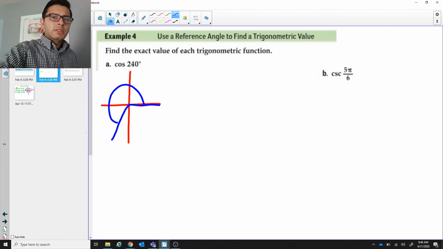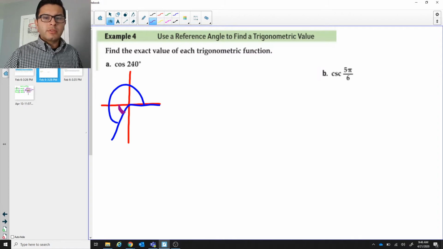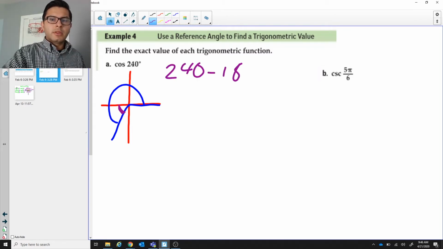Now this means that the reference angle is going to be right over here. So we'll take 240, which is the entire thing, subtract 180, and then we'll have our reference angle. If that's confusing, please look at our previous video on how to find the reference angle. 240 minus 180 equals 60.